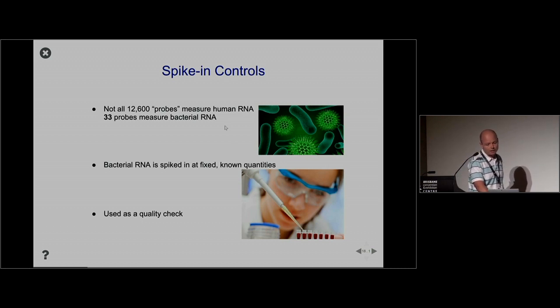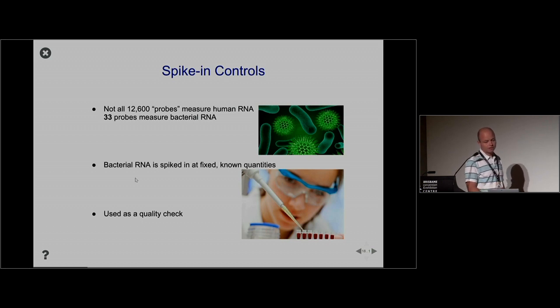In the microarrays that we're dealing with, there are 33 probes that measure these spiked-in bacterial RNAs. The bacterial RNA is spiked in at a fixed known quantity, and typically this is used as a quality check. We know how much of the bacterial RNA got spiked in.